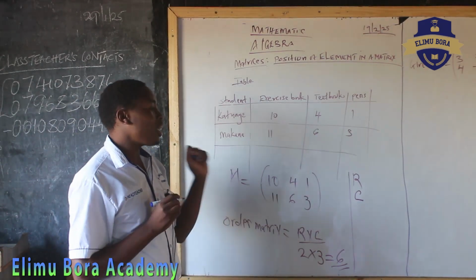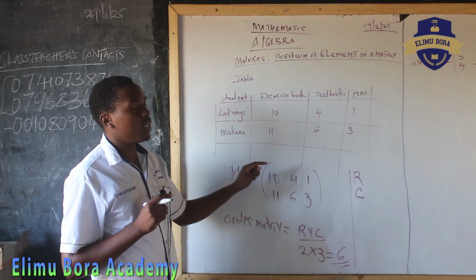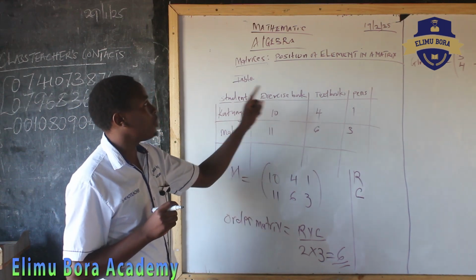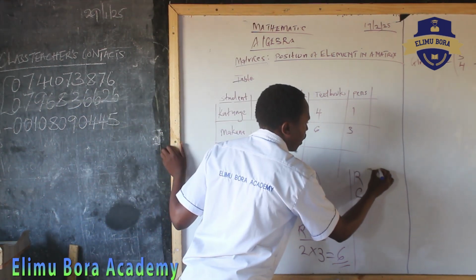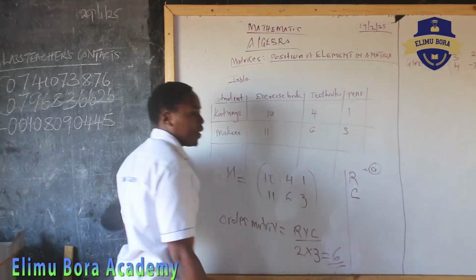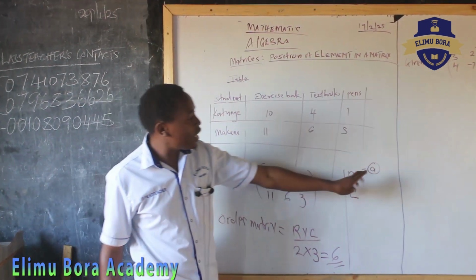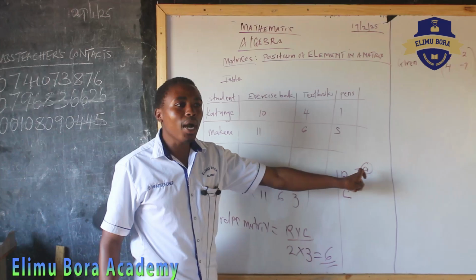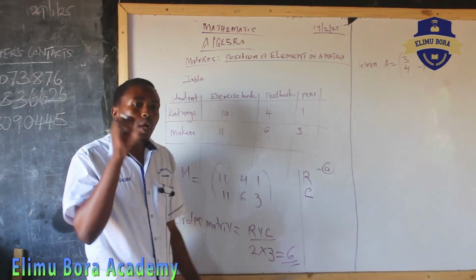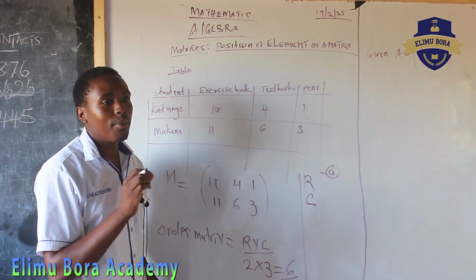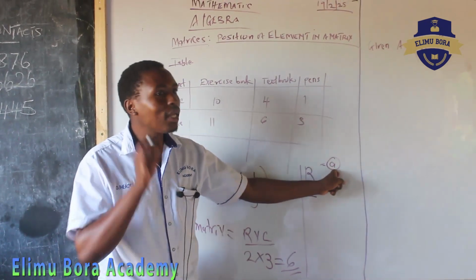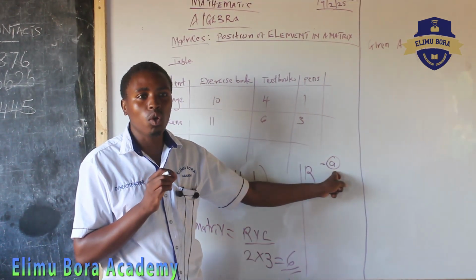So when I talk about giving the element's position, we are going to use the letter a, the small a. After getting the letter a, you'll be able to go back and ask yourself, which position is that number?